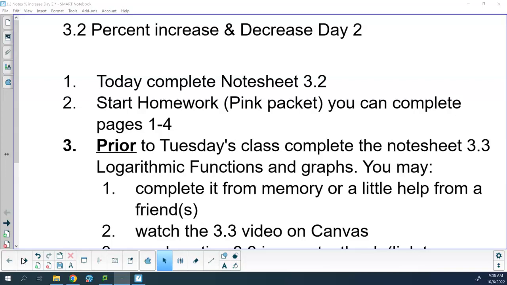Now, if you'll notice on the very first page of the pink packet that there is an issue. Anybody see said issue? So we did the first homework for you. So it says sketch the graphs for the directions, and then we put the answer key on there.